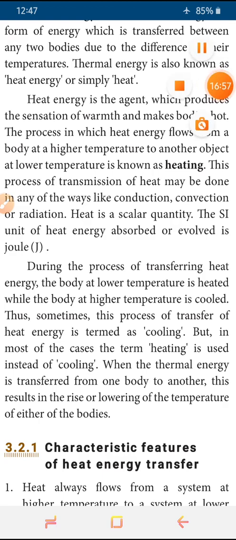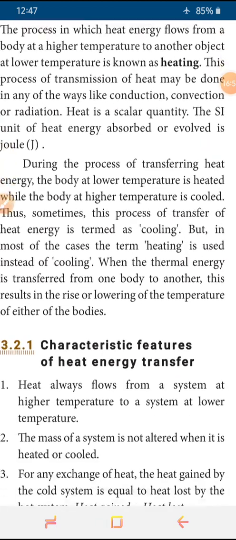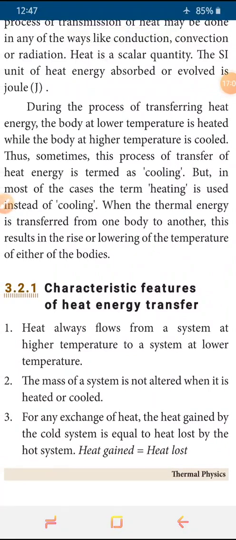And next one is characteristic features of heat energy transfer. Some characters are given, and here the first character is heat always will flow from higher to lower. That we discussed, that is the first point. And second point, the mass of a system is not altered when it is heated or cooled.